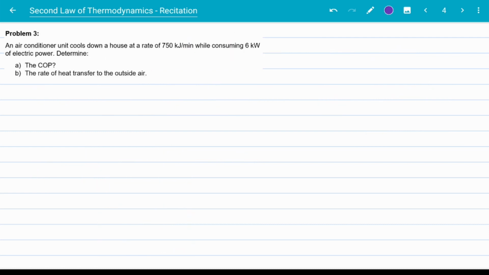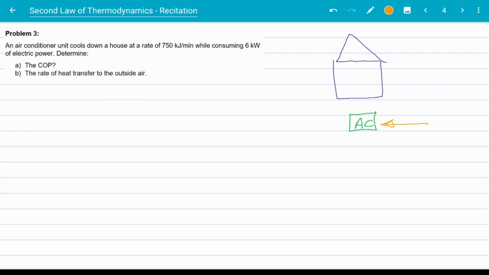Okay, we have an air conditioning unit which is cooling down a house at a rate of 750 kilojoules per minute, and it's consuming 6 kilowatts of electric power. We are asked to find the coefficient of performance and the rate of heat transfer to the outside air. So for a problem like this, this is the house, right? This is our AC unit.